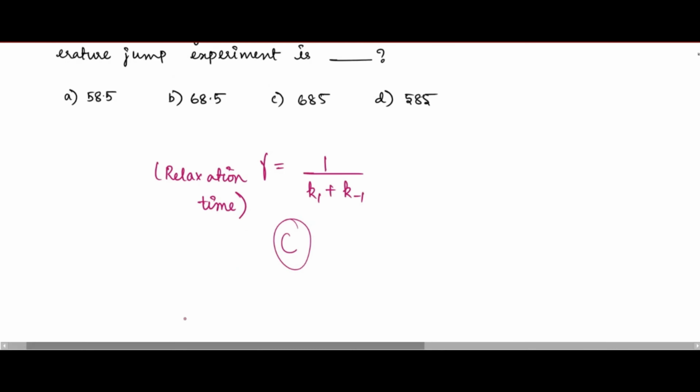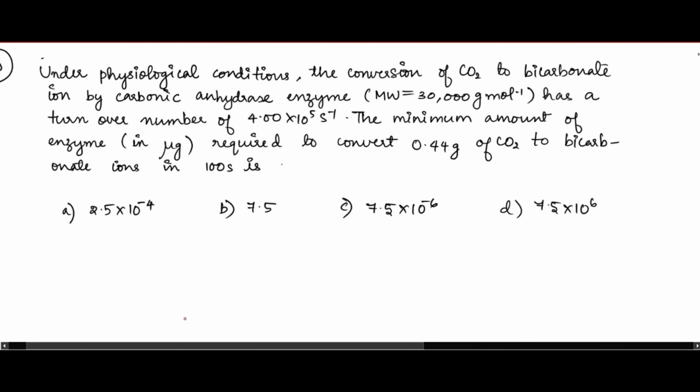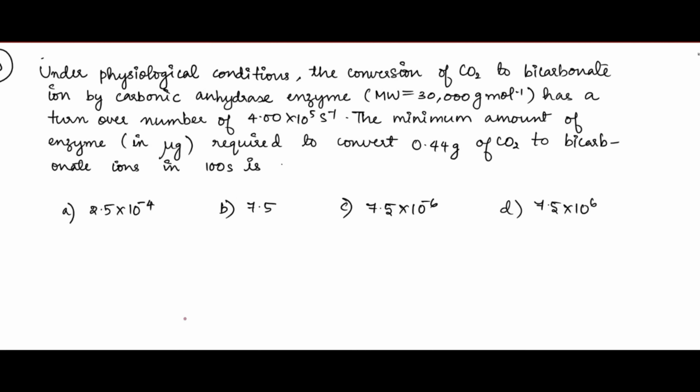Okay. Last question from the set. Under the physiological conditions, the conversion of carbon dioxide to bicarbonate ion by carbonic anhydrase enzyme. So it's from enzyme kinetics. Molecular weight അവർ തന്നിട്ടുണ്ട് 30,000 ആണ്. അപ്പോൾ see some important things. Conversion of carbon dioxide ആണ്.